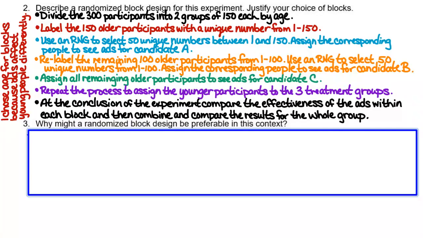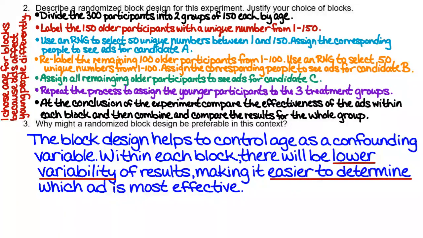That's a big word. So in that case, age would be a what? Confounding variable. The block design helps to control for age as a confounding variable. Within each block, there will be lower variability of results, making it easier to determine which ad is most effective.